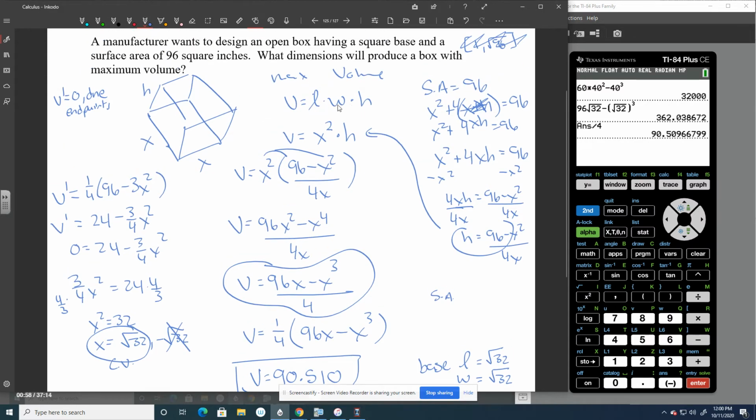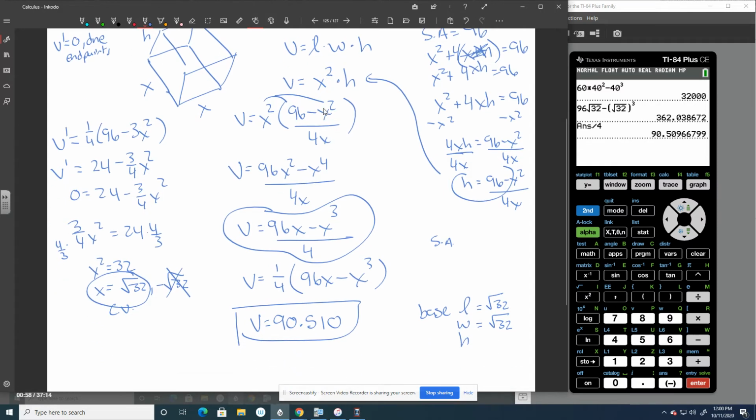remember volume is length times width times height. So if we go back to this volume function, volume equals x squared times h. Well, my x is root 32. So my volume is root 32 squared times h.